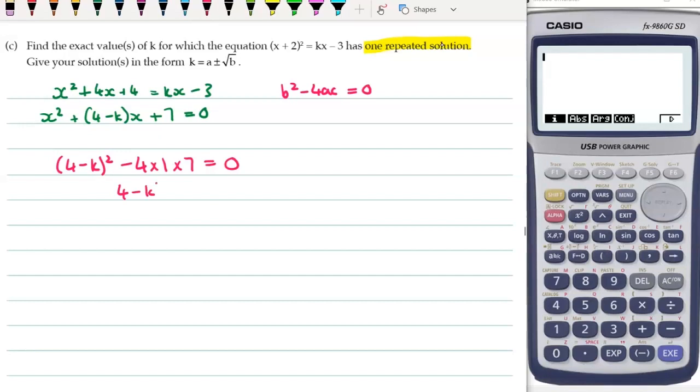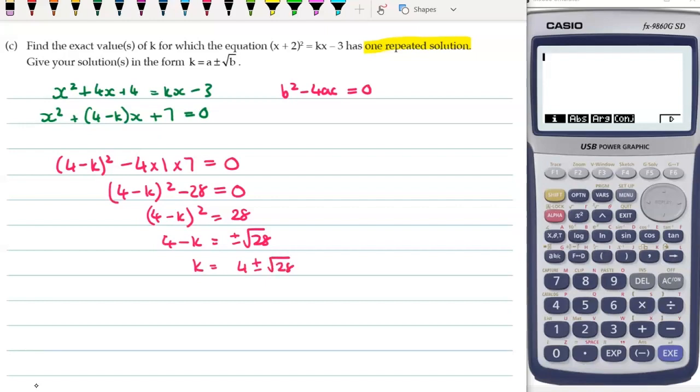So (4 minus k) squared minus 28 is 0. (4 minus k) squared is 28. So 4 minus k is plus or minus the square root of 28. Minus k would be minus 4 plus or minus the square root of 28.